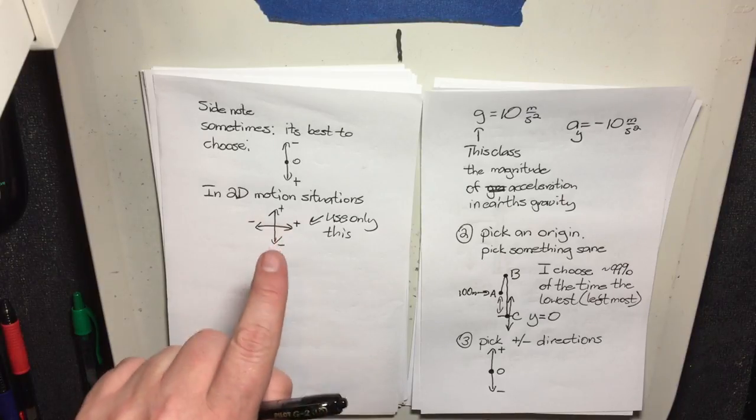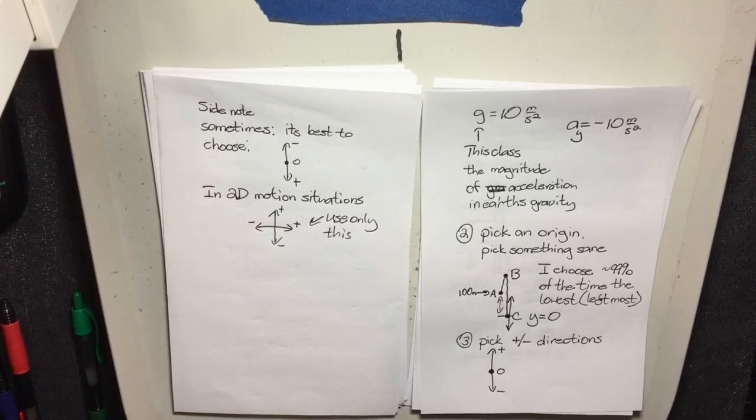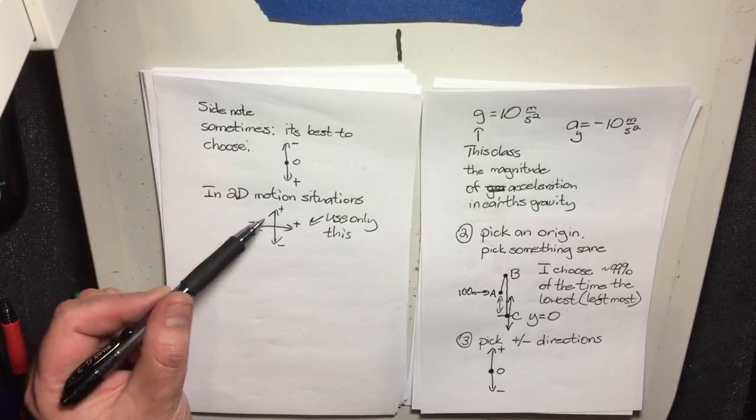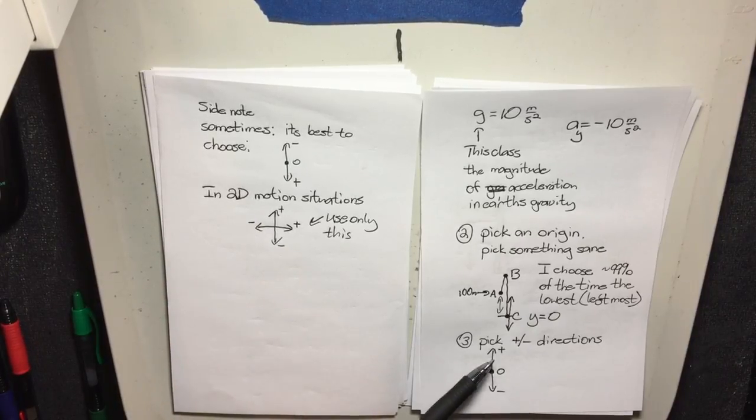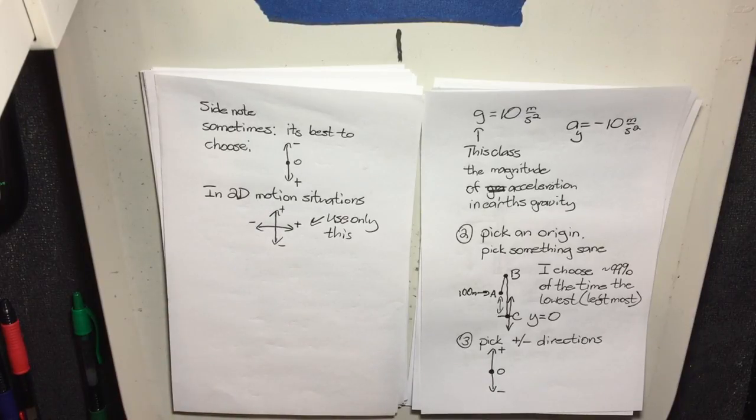So when we're using 2D motion, I've never used anything other than this. In 1D motion, it's split between this one and this one, and it really depends on my mood, or sometimes the equations are going to just work out better if you flip your coordinate system.